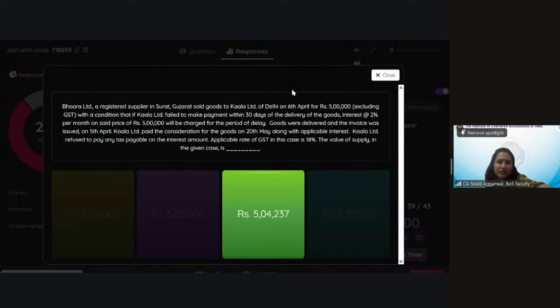Now Ashlesh has a doubt: how do we come to know that interest is inclusive of GST? You know because it is written here that Kala Limited refuses to pay any tax payable on the interest amount. Kala Limited has said that I will not pay any other tax on this, so you have no other option but to take it as inclusive of GST. This is how. Navneet has understood. I hope I am clear to you. Hope all of you have understood it. Yes, actually, that is why this is a tricky question, and in the GST Titan quiz, we always endeavor to take the tricky questions.